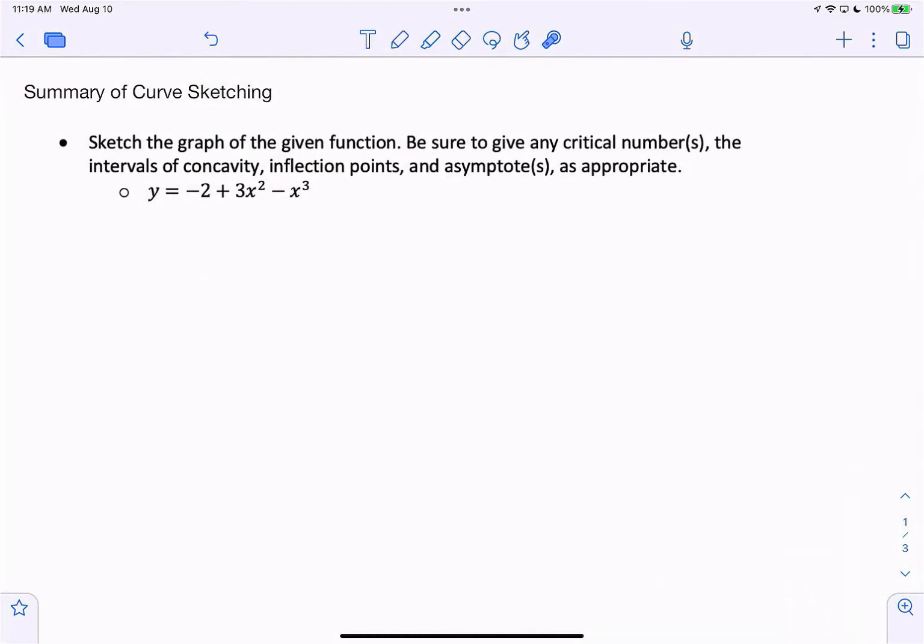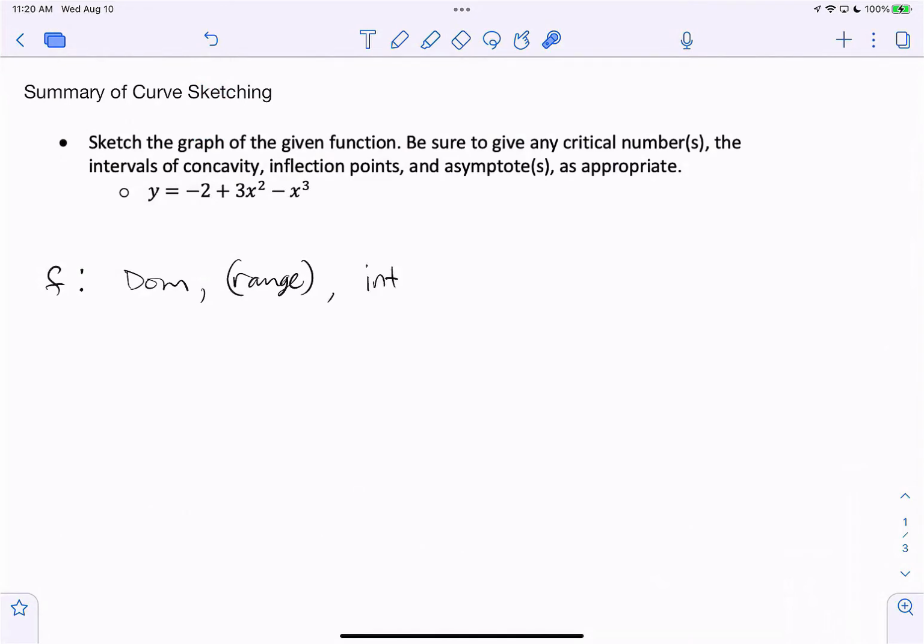Before we do that, let's remind ourselves what we can see from the function and its various derivatives. From the function itself, I'll just call it f, we can get the domain. We can get the range. I don't always pay attention to that when I'm starting out, but it's true.